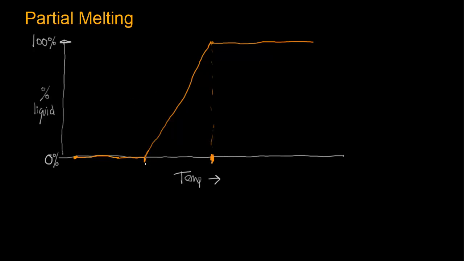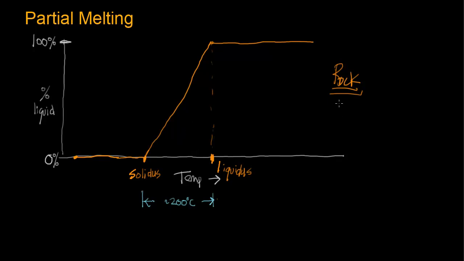We call these two melting temperatures by special names. The lower melting temperature is called the solidus, and the upper melting temperature is called the liquidus. These two temperatures are actually quite far apart, about 200 degrees apart under typical conditions. So there's a big range of temperatures over which both solid and liquid are thermodynamically stable at the same time.